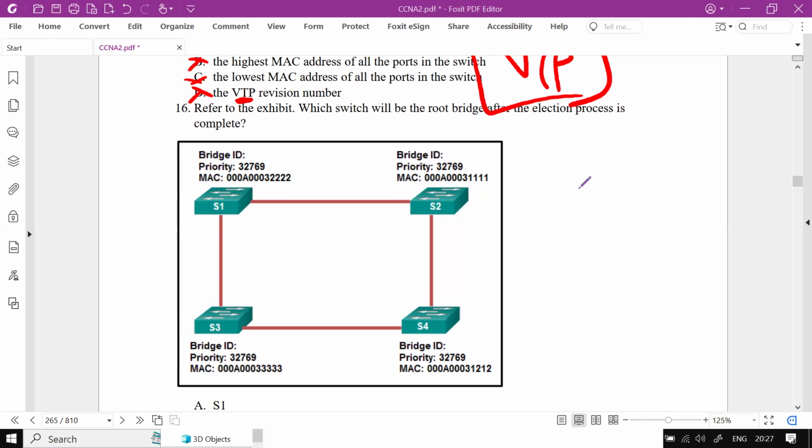I'm drawing some blanks. It should be VLAN Trunking Protocol. DTP. What is DTP? VTP and DTP.